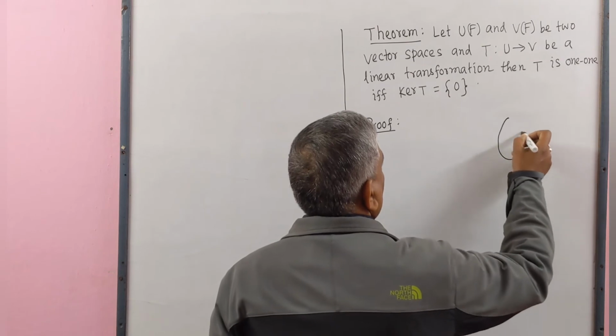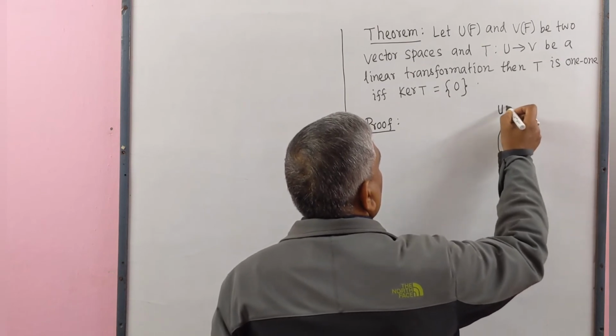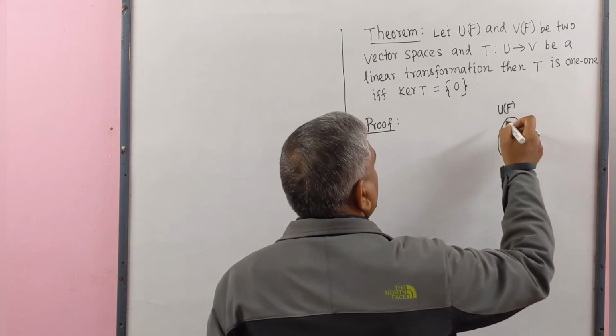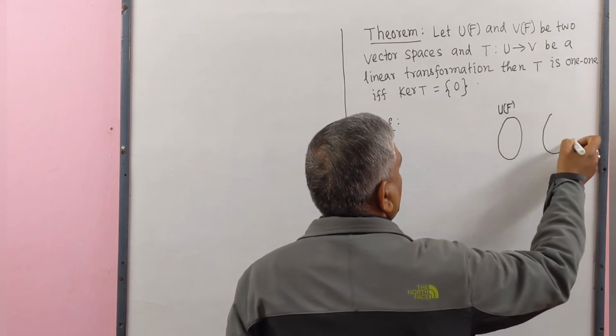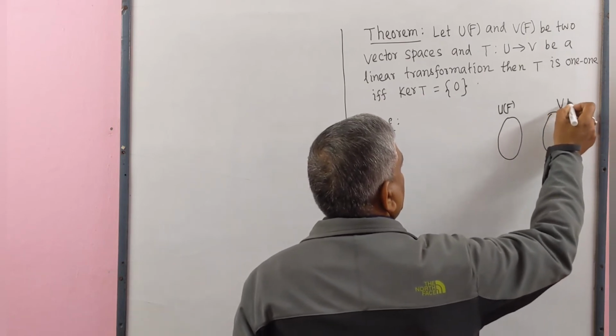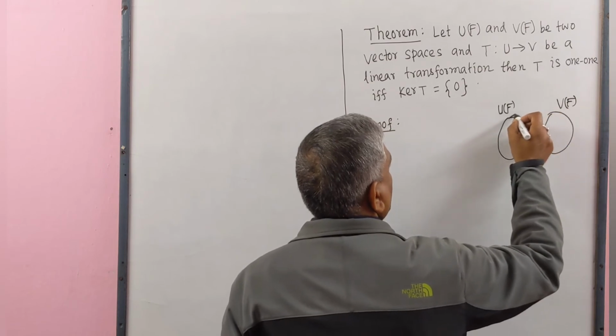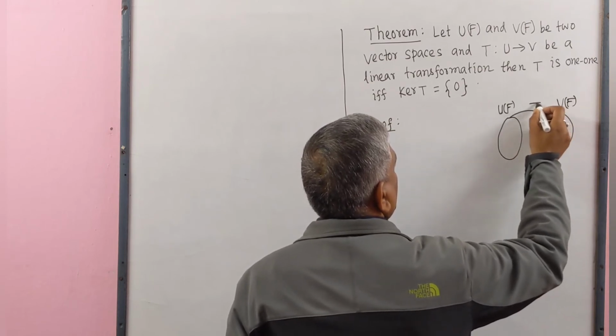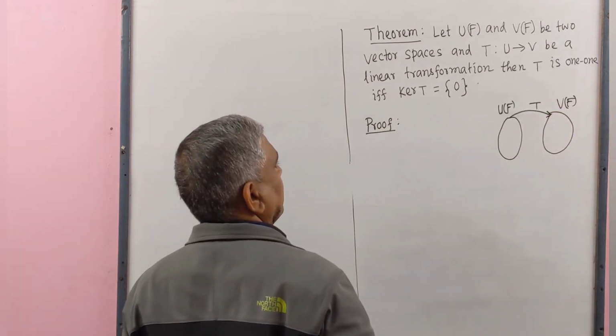Here UF be a vector space and VF be another vector space and T be the linear transformation.